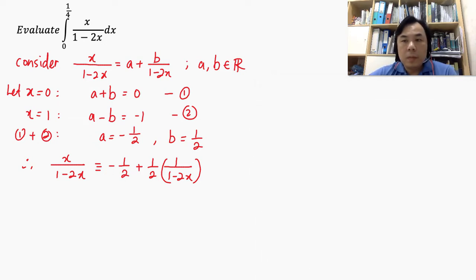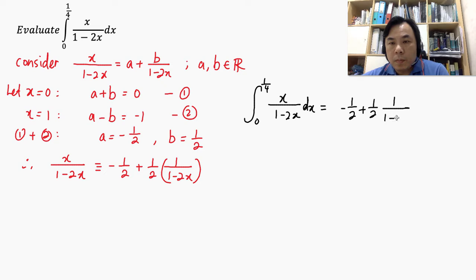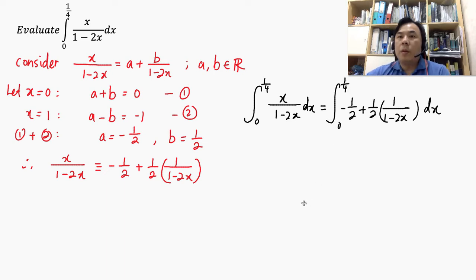Right. Okay, so from here, for this integration, let me write this one down. For this integration, x, so we can integrate that using this result, which is the same as, okay, there you go.